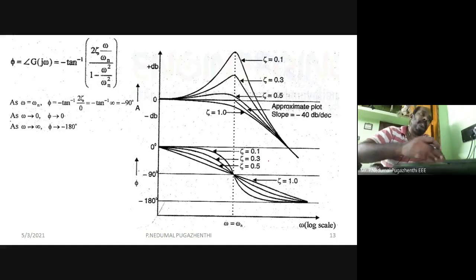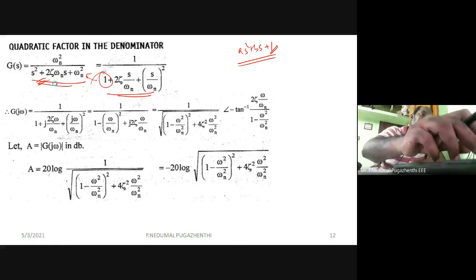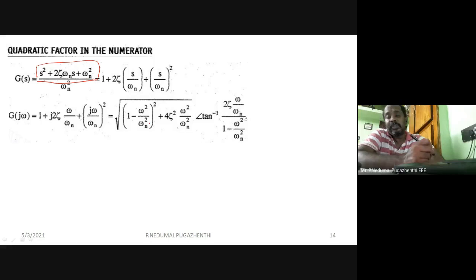The same way, this is in the denominator. Now you can see that this term is the denominator term. Such a term is also possible in the numerator. If we have a term like this in the numerator, it's as simple as that. What we normally do in the previous case can be followed here also. Convert this particular term into as squared plus bs plus 1.